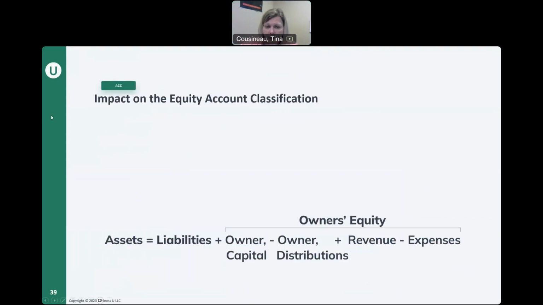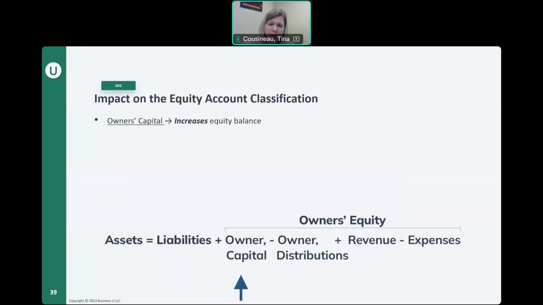All right, so let's take a look at the impact of equity account classification. Here's our formula again, the expanded accounting equation, as we like to call it. So it's just giving us more detail about what is all inside of that owner's equity, what makes up that owner's equity.